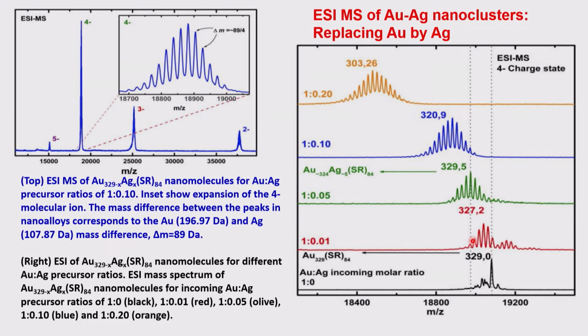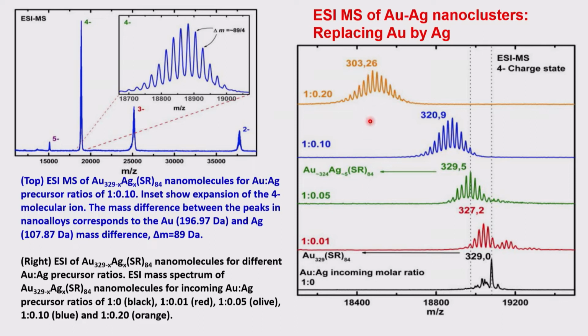Obviously the mass is lower. Now here 5 of the golds are replaced by 5 of the silvers. You can see the further shifts, and then here 9 of the golds are replaced by 9 of the silvers, then it goes further, and then 26 of the golds are replaced. And in each you can see the pattern changes can also be identified.